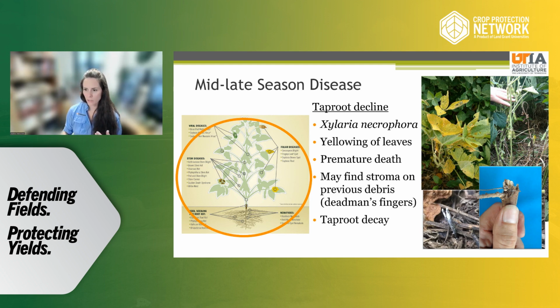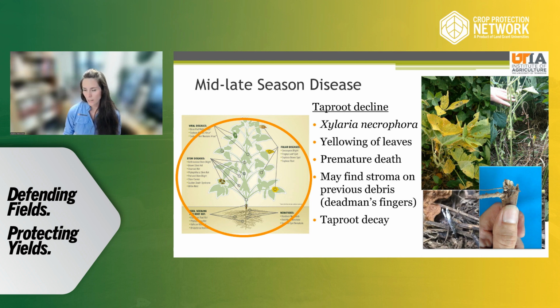On the previous debris, whether it be soybean, corn, or cotton, you may find what's called stroma, with these so-called dead man's fingers. That picture on the bottom shows that projection growing out of the previous crop debris, usually covered with white spores.